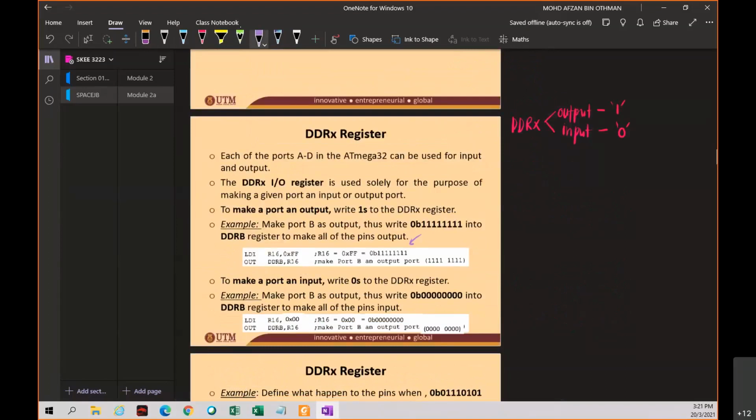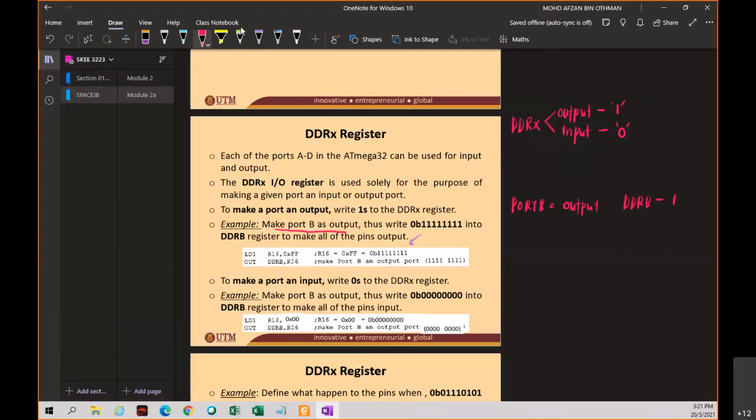Contoh kat sini, make port B as an output. Untuk jadikan port B sebagai output port, DDRB kita kena hantar 1.